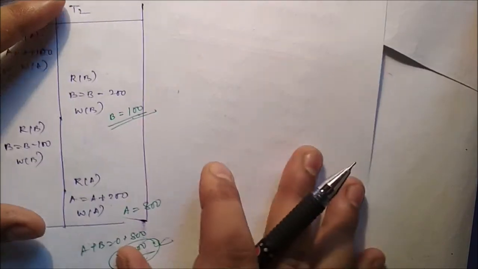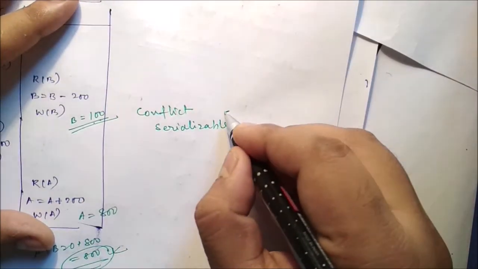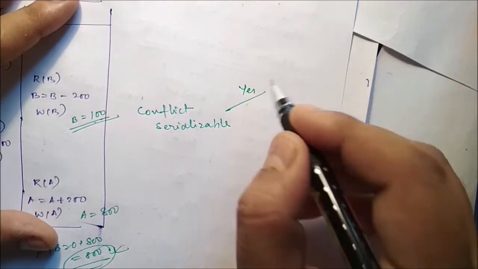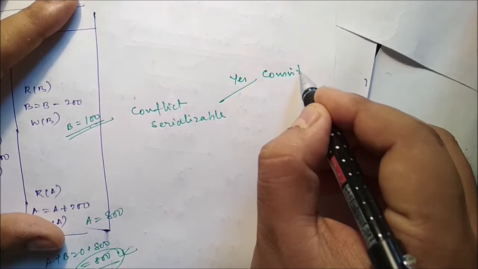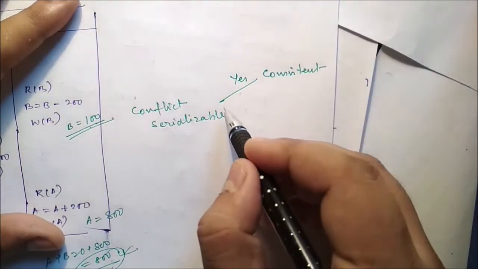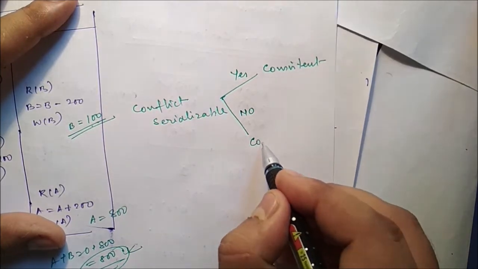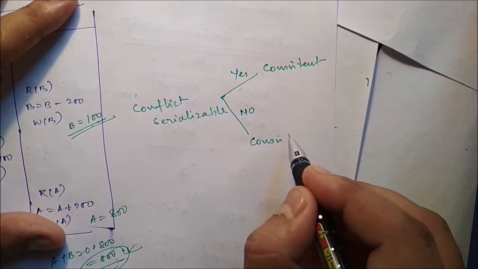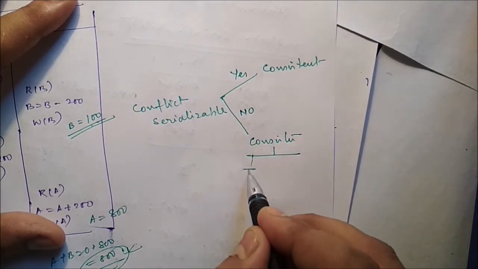Okay. So that means we can say if it is conflict serializable, then the transaction or the schedule is consistent. But if it is not conflict serializable, then the consistency may be true, may be false.